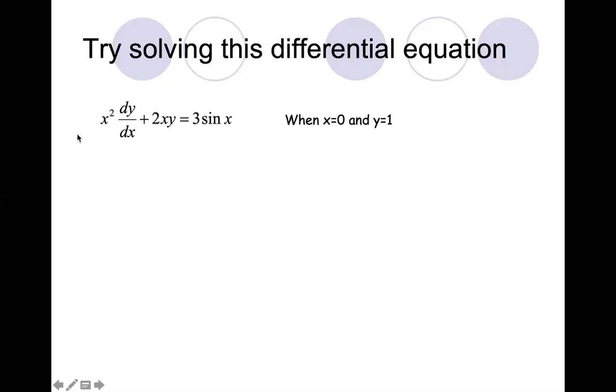But look at this equation from the left-hand side carefully. You will see that this left-hand side is a derivative of a product. You have x squared dy/dx plus 2xy. So they have differentiated something here. So this is a product derivative. So it's a derivative of g of x times f of x, something like that.